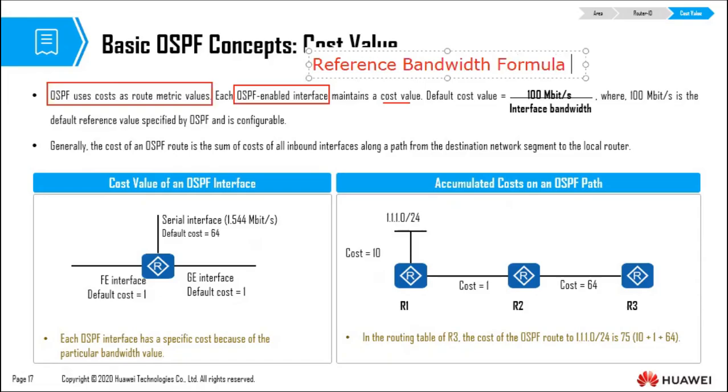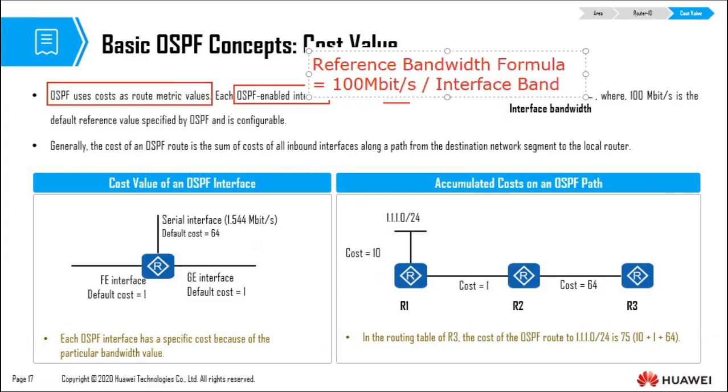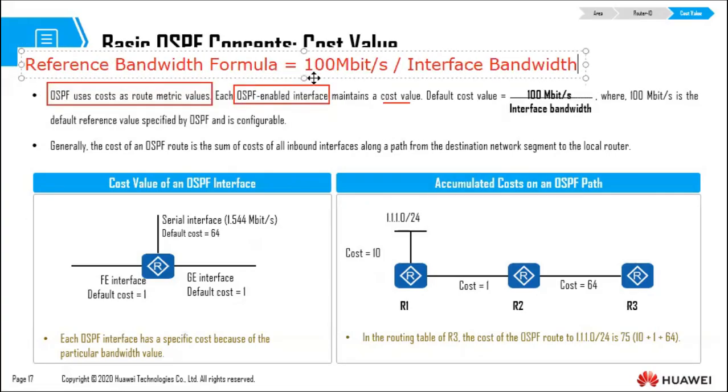So the reference bandwidth formula is like this: 100 megabits per second divided by the interface bandwidth. So that is how it looks like. So that's the reference bandwidth formula.